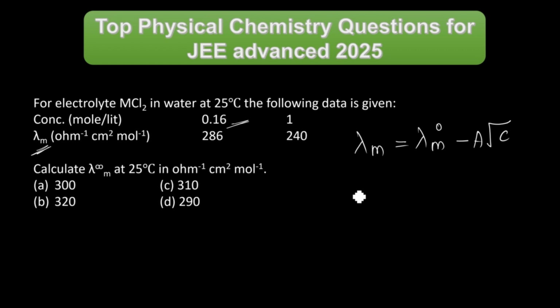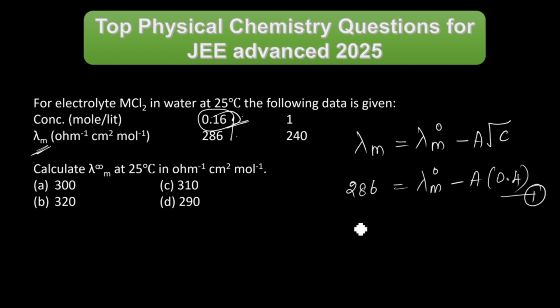So the first one I'm having is 286, which is equal to lambda m naught minus A into root of the concentration, 0.16, and taking the root, that becomes 0.4. Okay, this is equation 1. The second one, that is 240 equal to lambda m naught minus A into root 1, and taking the root also, that becomes 1.